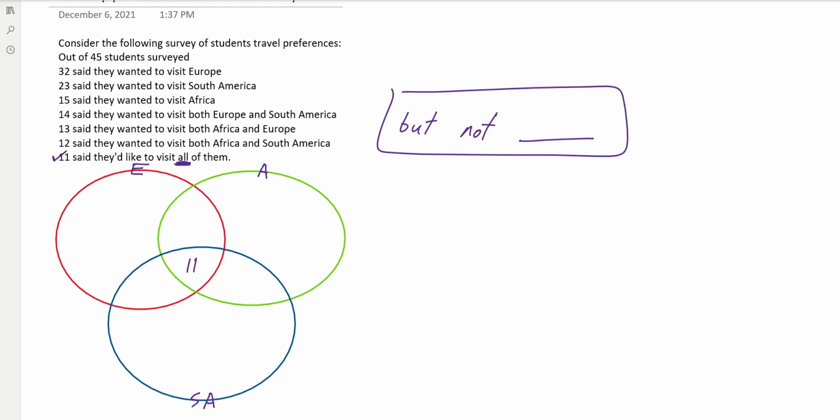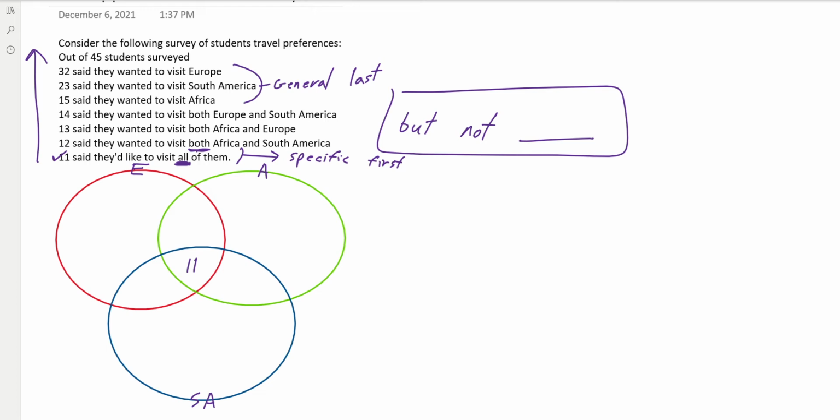The next one says both Africa and South America. We want to look at the most specific first and then the most general. These are really general, right? We want to look at those last. Specific first, general last.